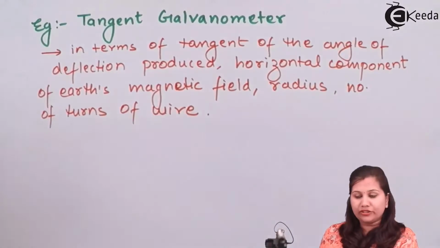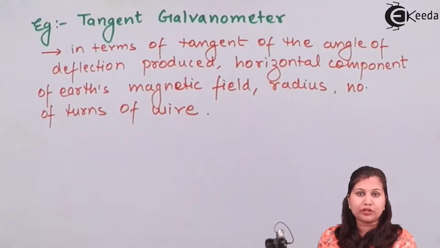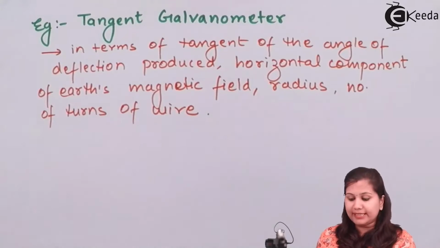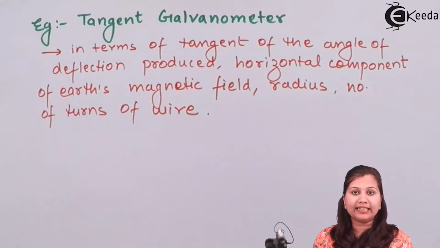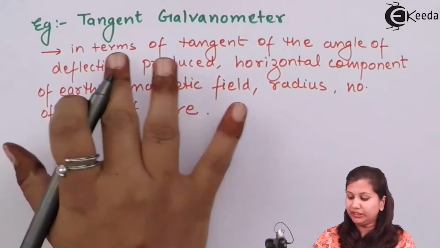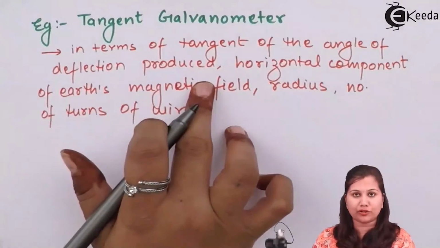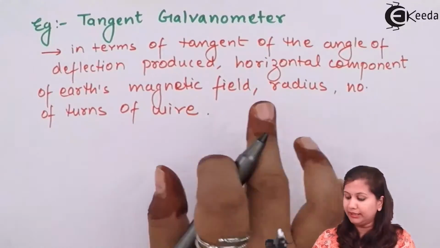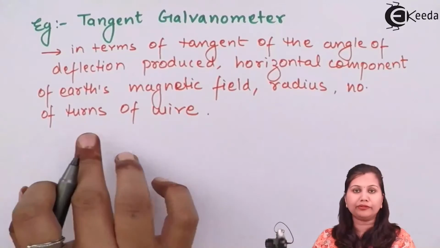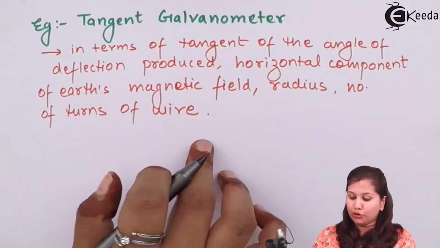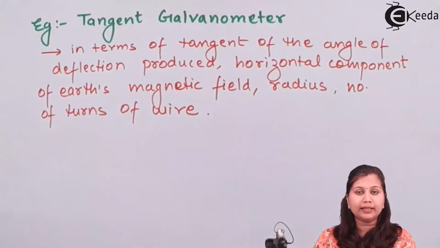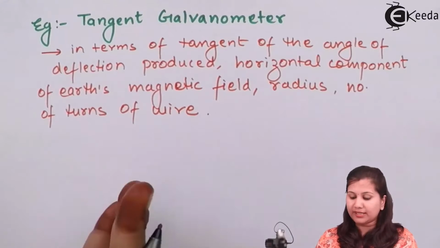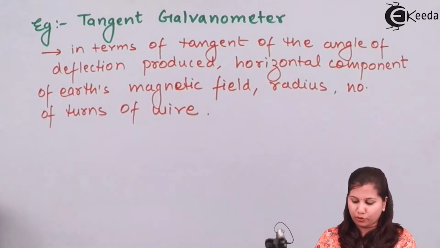Here the tangent galvanometer is measuring the current, but it is not directly giving us the value. It gives the value in terms of the tangent of the angle of deflection produced, the horizontal component of the Earth's magnetic field, the radius, and the number of turns of the wire. So it is measuring the current, but providing the value indirectly. So this is a type of absolute instrument.